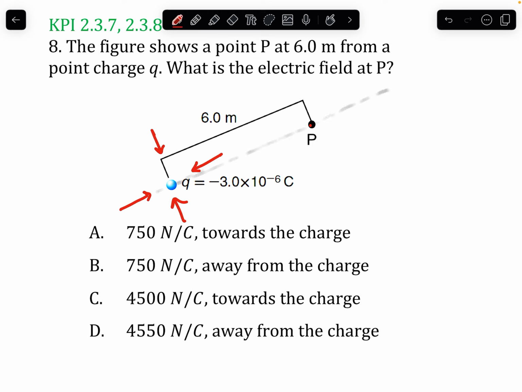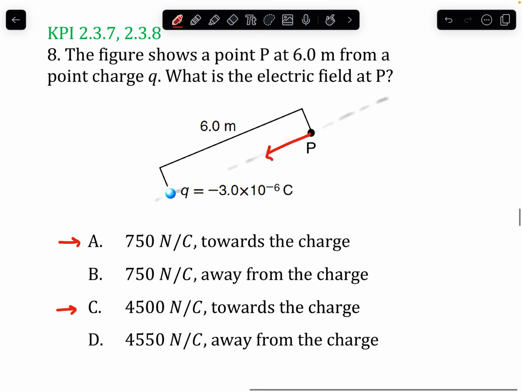So the electric field should be like so. So it is toward the charge.